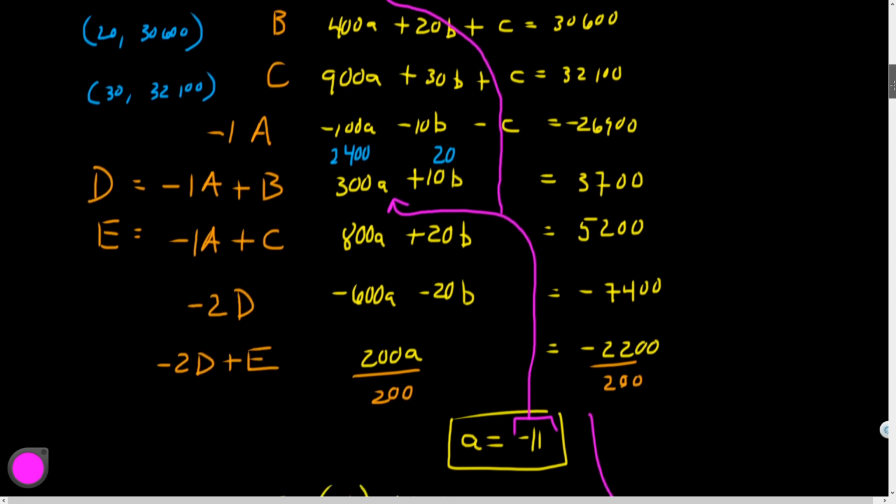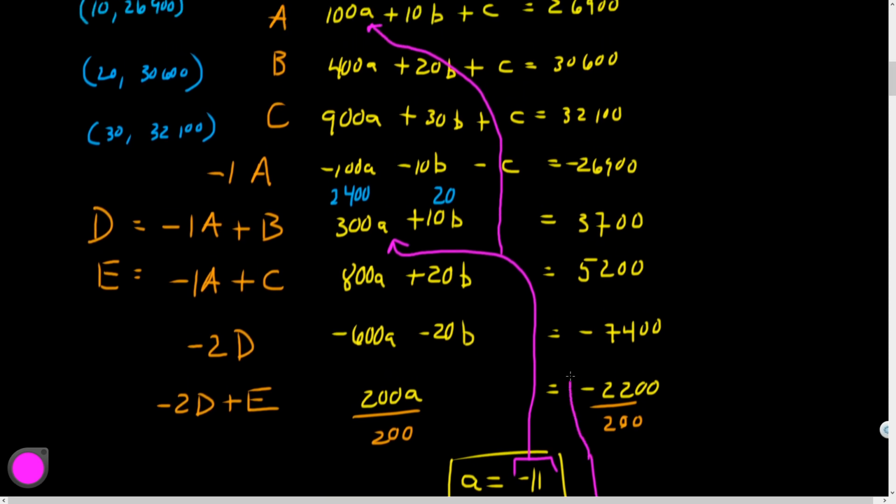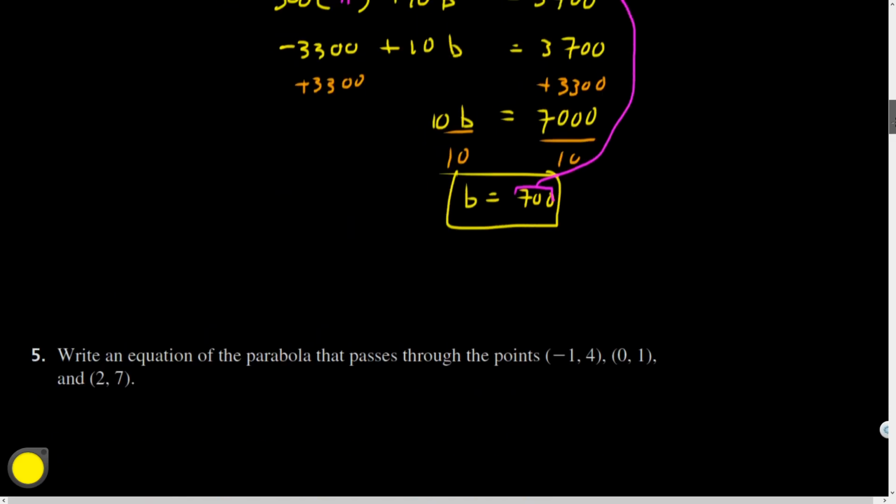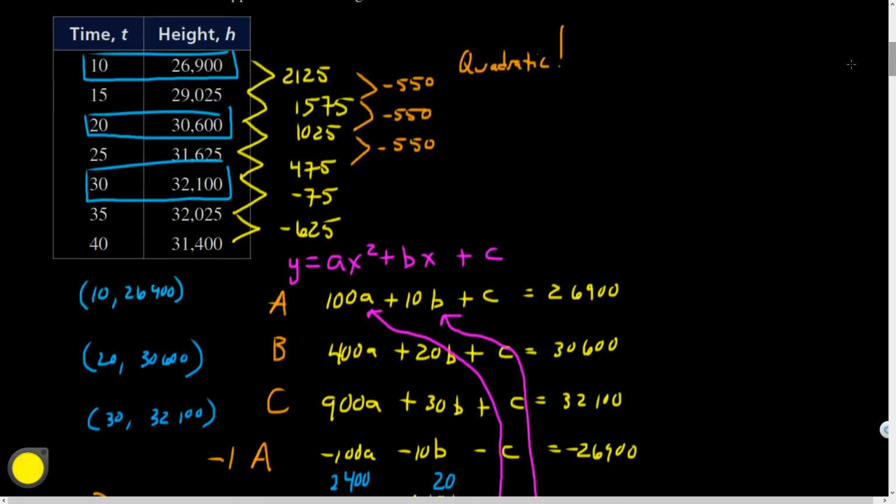I'm running out of space. Let's see, dare I try to fit it right here? Well, I can try to fit it up here. So, 100 times what would have been a, plus 10 times b, plus c equals 26,900.